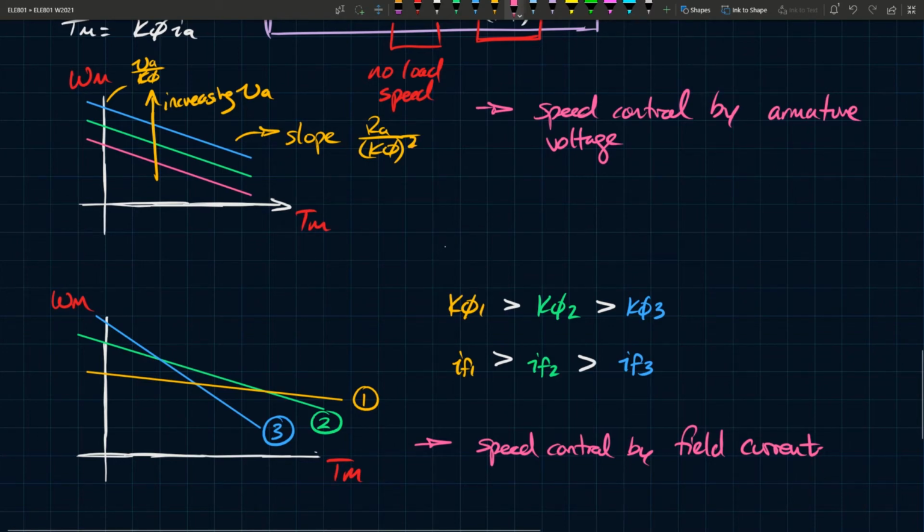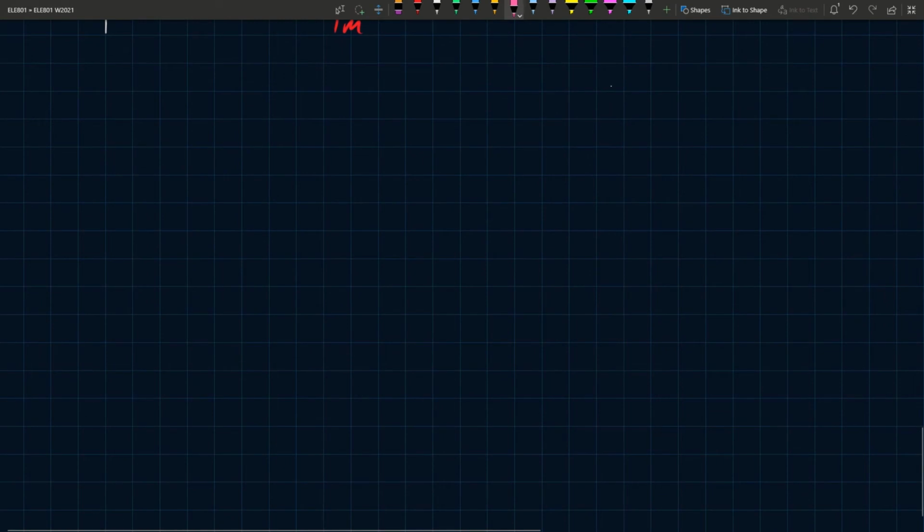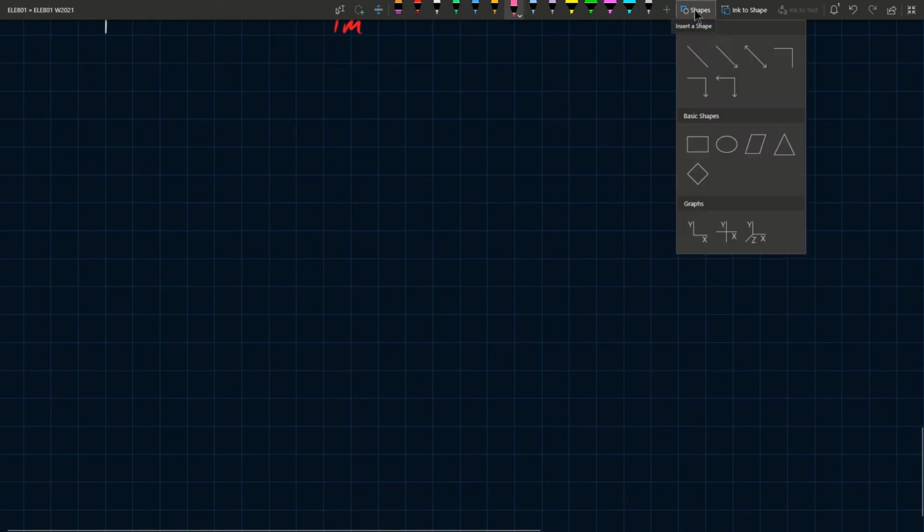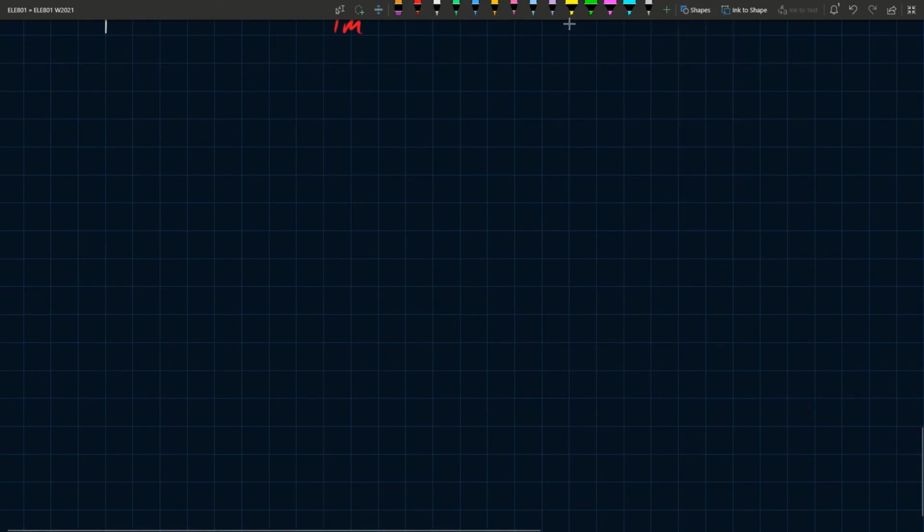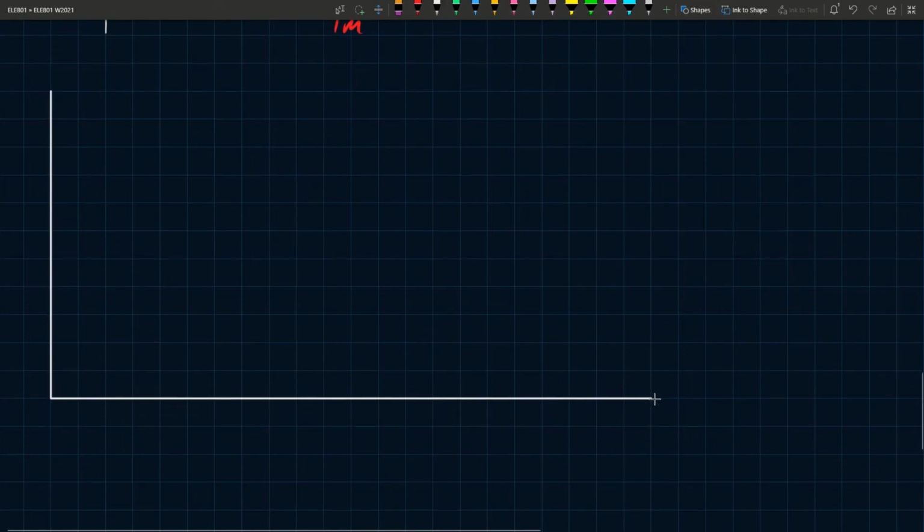Why not have a combination? So we're going to combine these two in a plot, and since we're using shapes and such, why not just use this shape tool and make this shape here? Seems like a good idea. I guess we'll see how that goes.